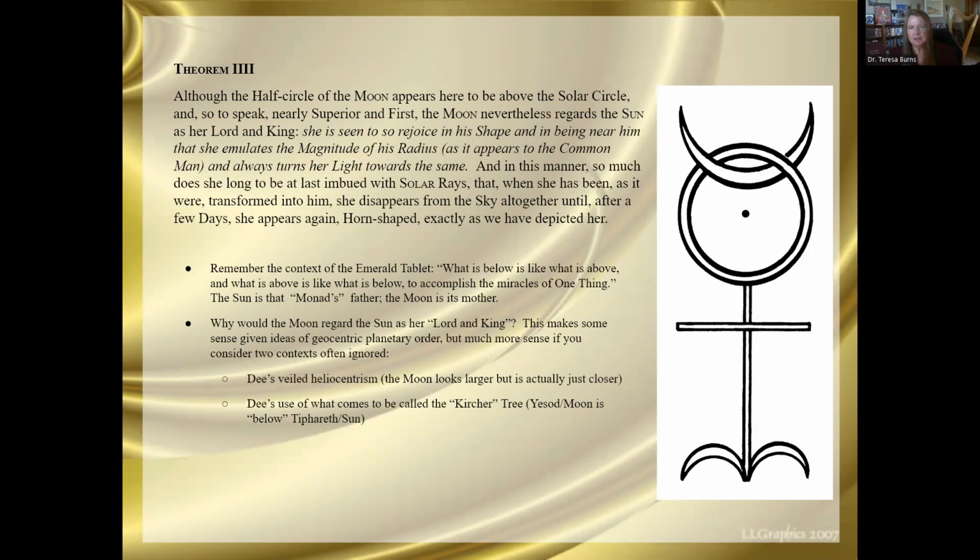And it is called the Kircher Tree because the first place people think they find it is with Athanasius Kircher, a century after D. But Kircher just ripped stuff off right and left from D, which I'll have a separate video on in a week or so, actually. But you can reverse engineer that probably Kircher is getting his tree from D. So if you just use that tree of life that is familiar in Hermetic Kabbalah, which I showed you in the context video, you're fine.